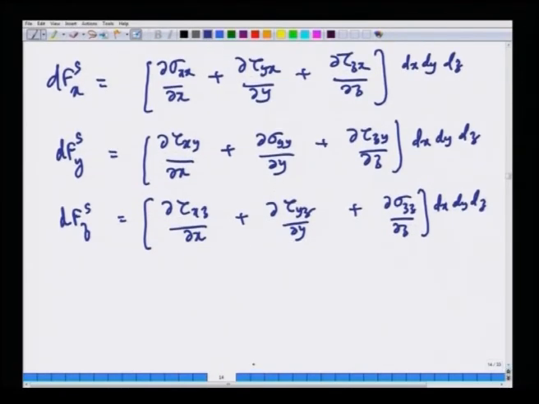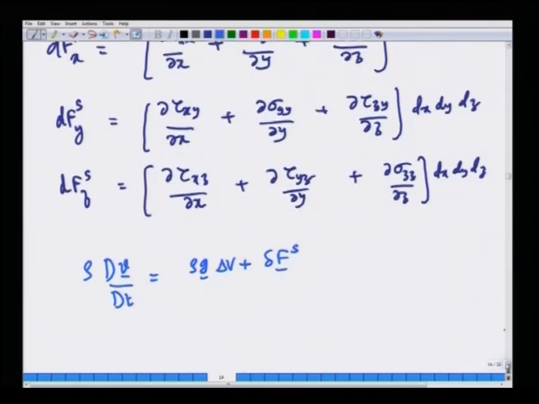So, we had this momentum balance to be rho dV/dt is rho g delta V plus the surface force acting on this differential control volume.